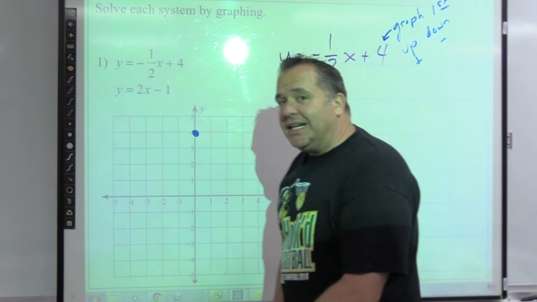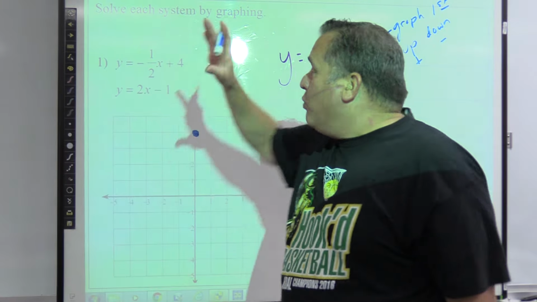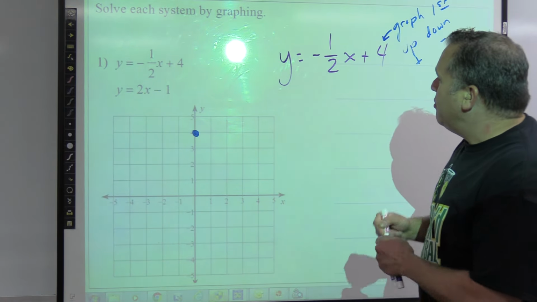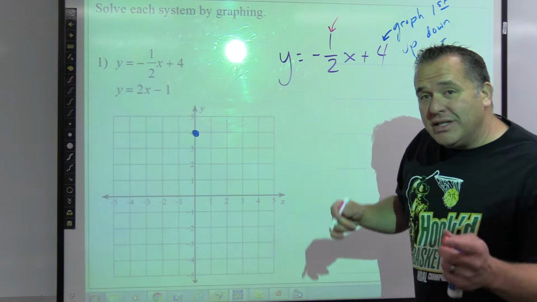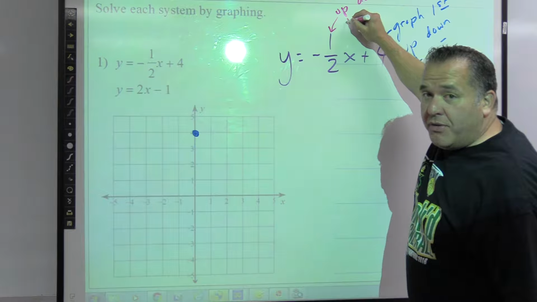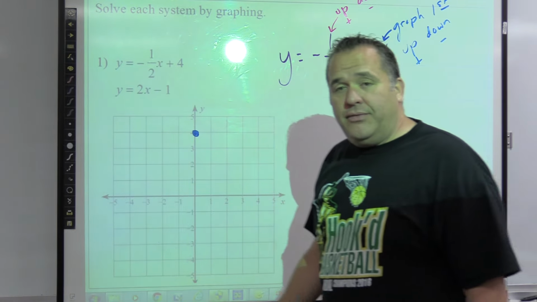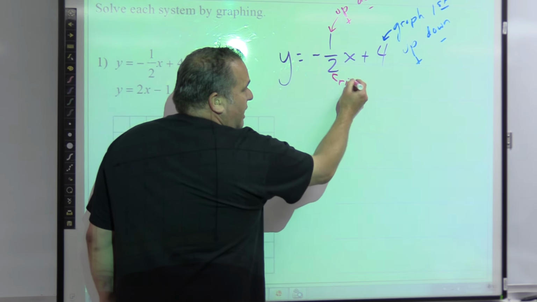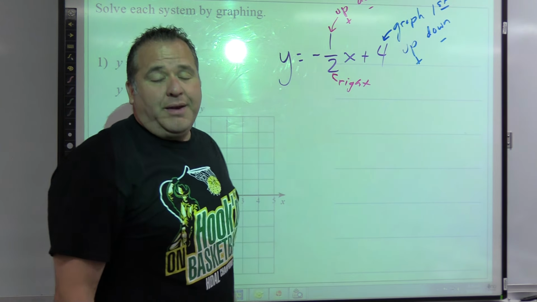Now the next thing we're going to do is take our slope and graph that. The number on top tells us to go up or down: up if it's positive, down if it's negative. The number on the bottom tells us how many to go to the right.